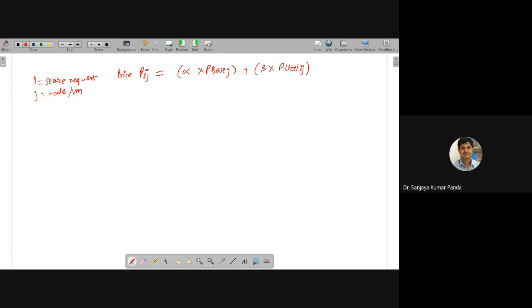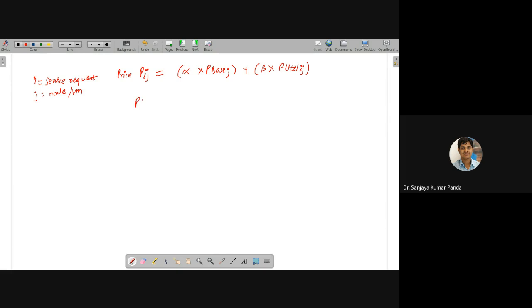P base j is the base price for using the node j. The j index is for the node. Beta into P utilization of ij says that if the ith service request is assigned to the jth node, what is the utilization?